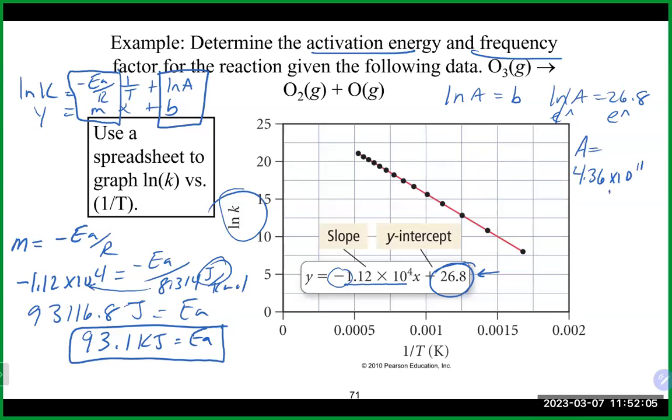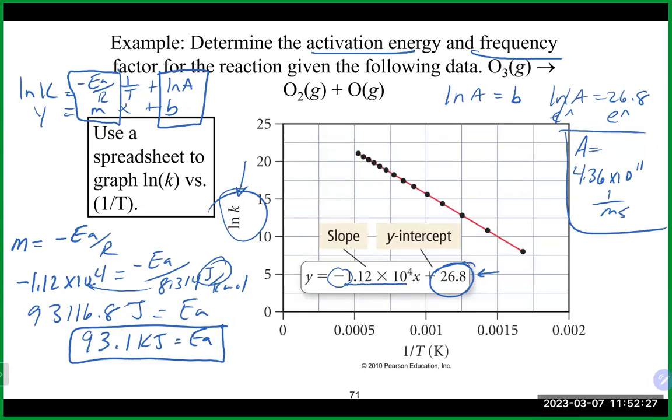So it would be 1 over molar seconds would be our units that are associated with that. Again, when you take the natural log of the k, it loses its units, but when you take the e back of it on the calculation, the units come back basically in that case. Any questions on how to graphically solve that?